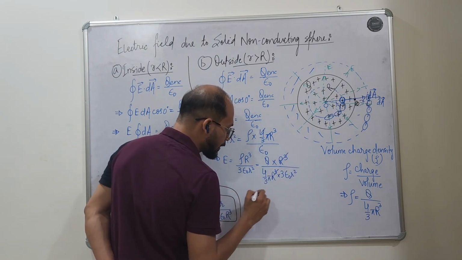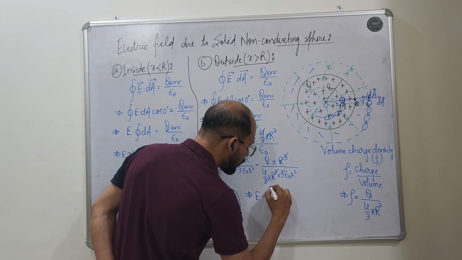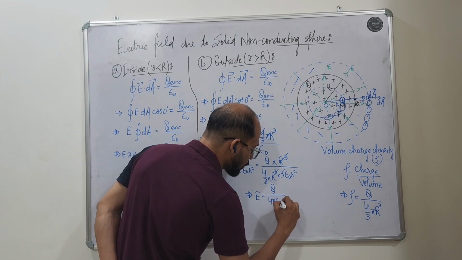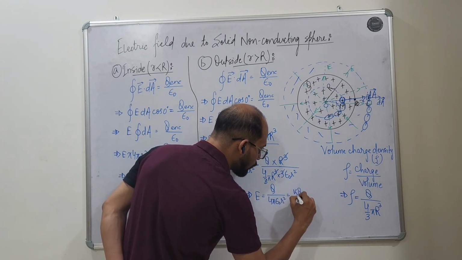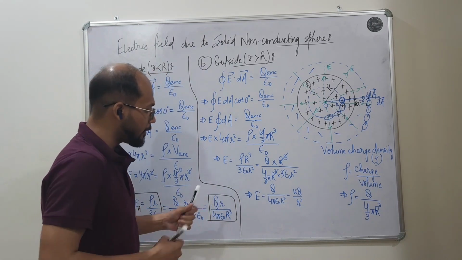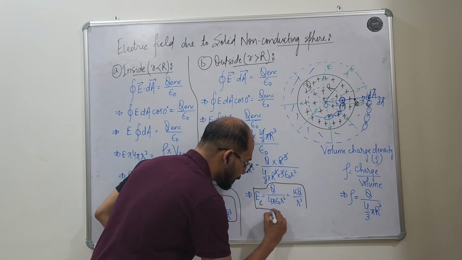Now this r cube will get cancelled out. This 3 and 3 will get cancelled out and we will get the electric field as q divided by 4 pi epsilon naught r square, or k q by r square. This is the electric field at point C.